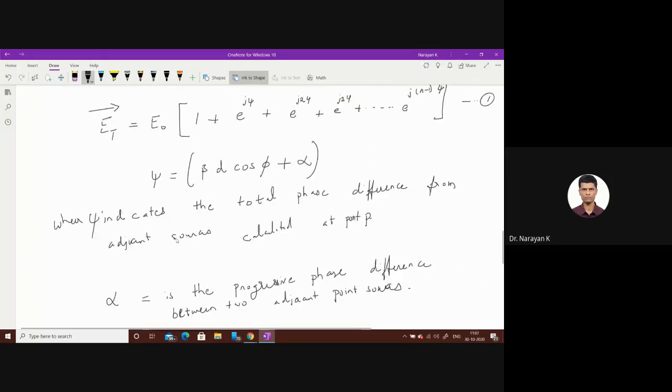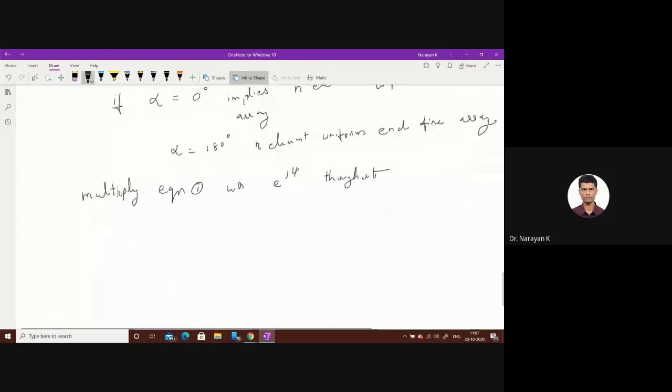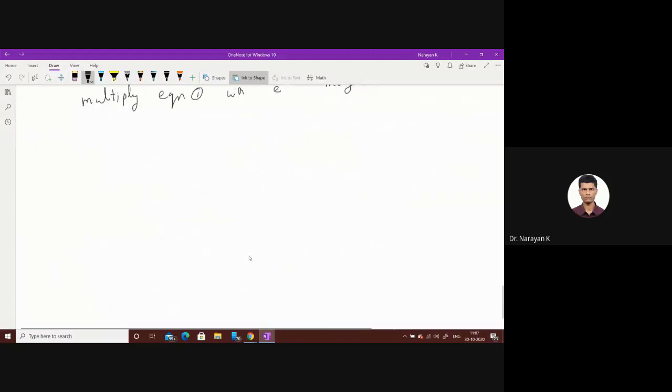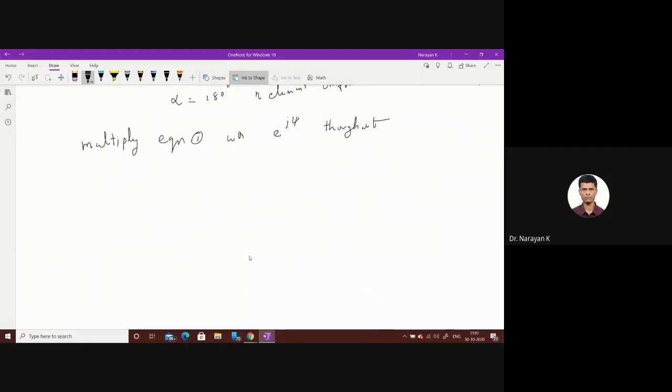This entire equation you have to multiply with e power j psi throughout. So what happens to your left hand side? Et into e power j psi.